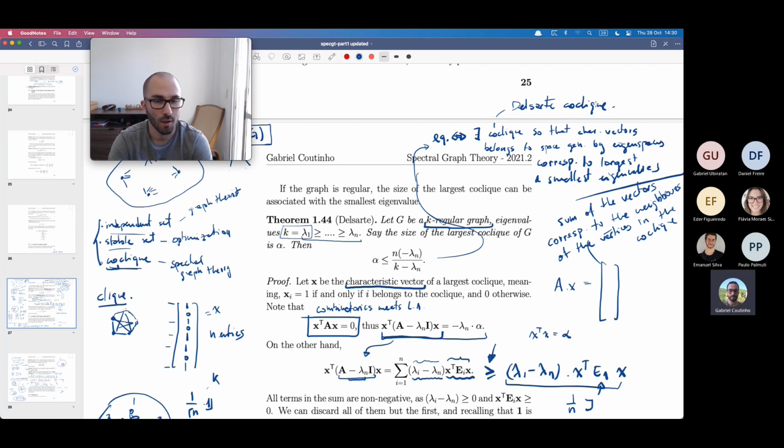Yes, it can, Daniel, a question on the chat. This is better understood if you think of lambda i minus lambda n as the distance from lambda i to lambda n. So if this is negative, but this is more negative than this, and because I'm doing minus negative, I'm actually summing something bigger.